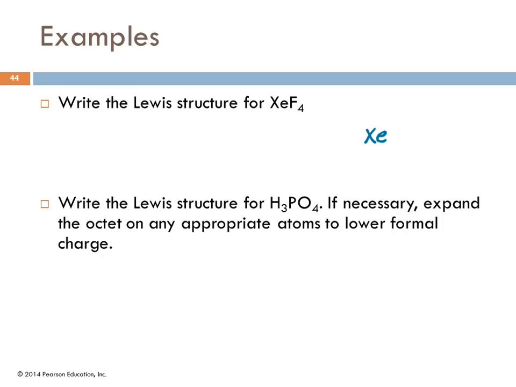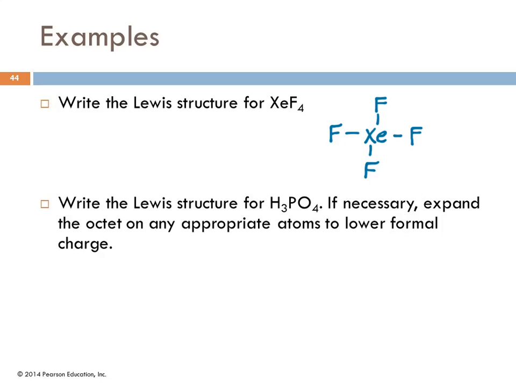Xenon. Fluorine, fluorine, fluorine, fluorine. Okay, 4 fluorines, they each have 7. 4 times 7 is 28, right? And xenon has 8. So 28 and 8 is 36, right?